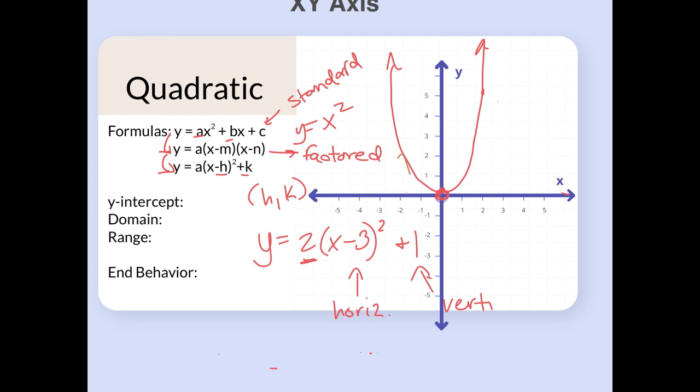So keep in mind that the h is still negative, so it's the opposite of what we're seeing. But so we have a minus 3. That means that we had a positive transformation over by 3. And then we had a positive transformation up by 1. So our new vertex would be shifted to 3, 1.